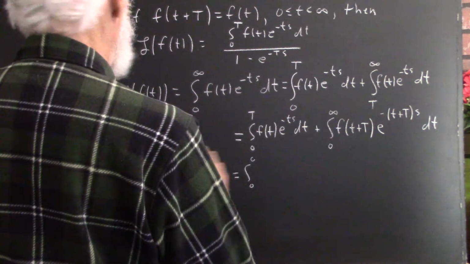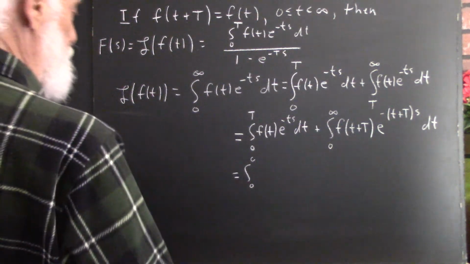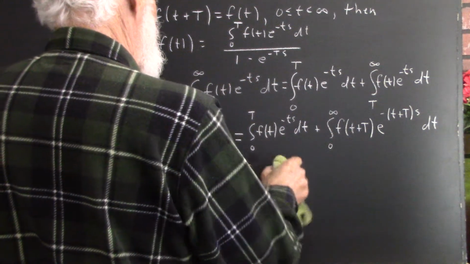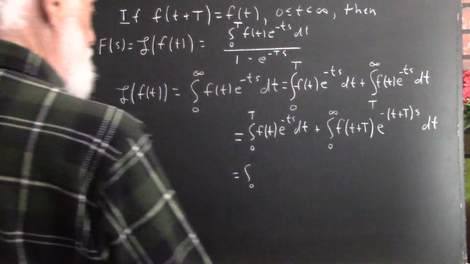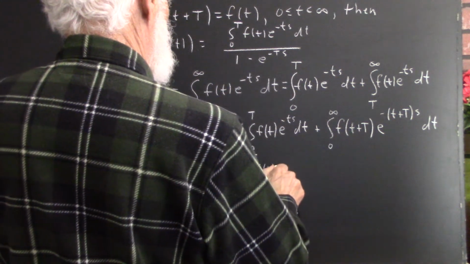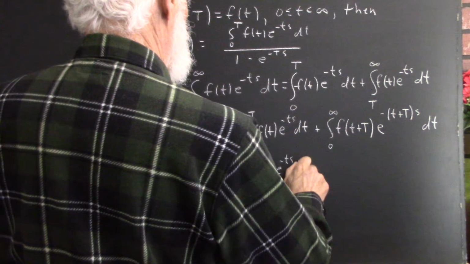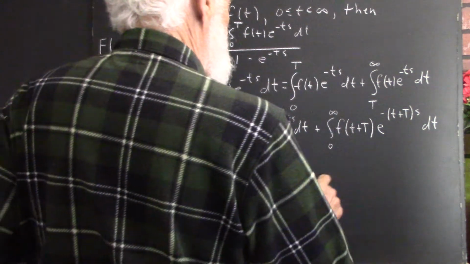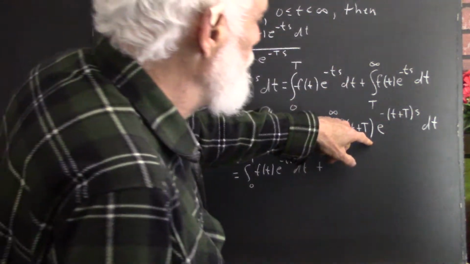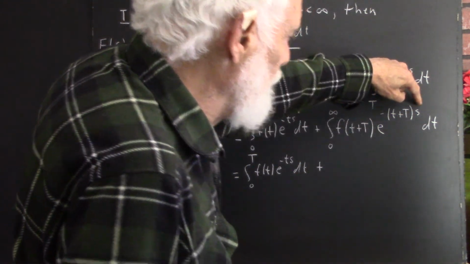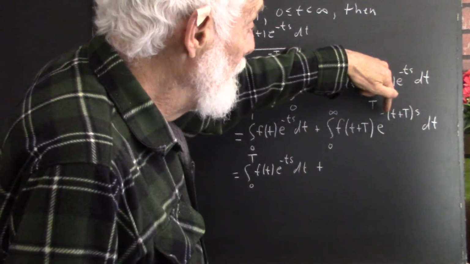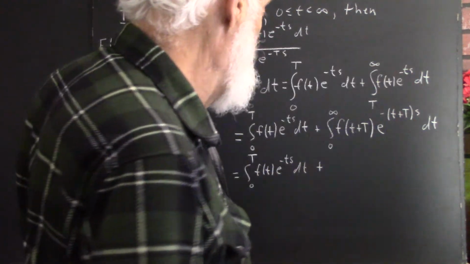the integral from 0, I started to write infinity, and I have to correct that, from 0 to capital T of f of t e to the negative ts dt plus, well, we can split this e to the negative t plus capital T times s into e to the negative ts times e to the negative capital Ts.